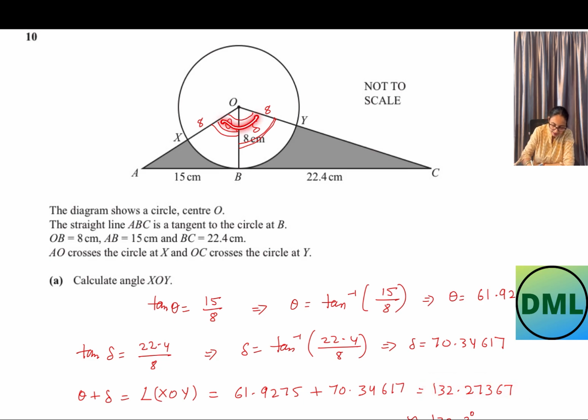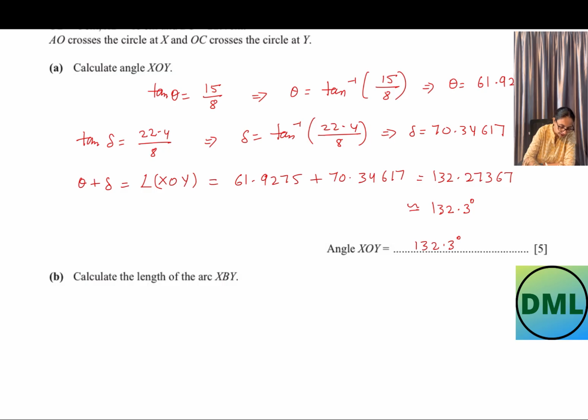My angle is given as 132.27367. I need to find out the arc length. Let's apply the formula for the arc length here. Arc length is given as theta over 360 degree multiplied by 2 pi r. My theta is given as 132.27367 divided by 360 multiplied by 2 pi.